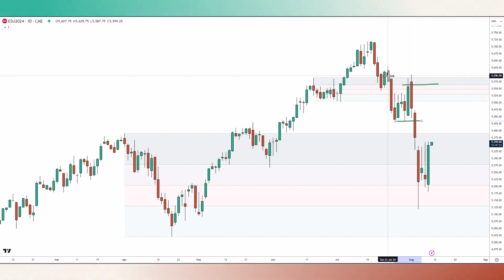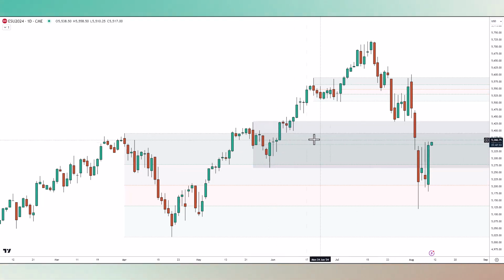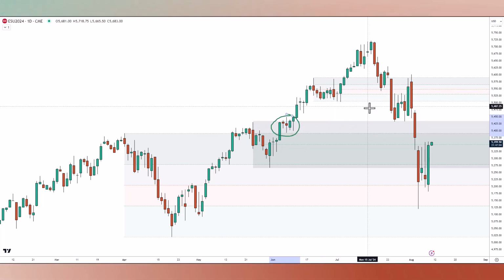And in this case we had this imbalance or this void that was mitigated and filled. Then we had all of this drop. You see that we had this zone also, and we traded at the 50, and same thing that I'm saying applies to everything, the 70, 30 and the 50.